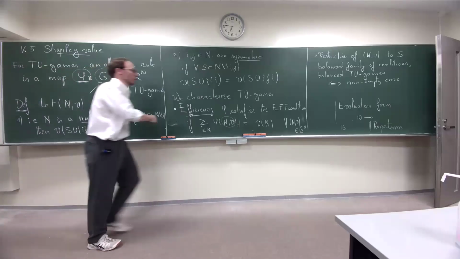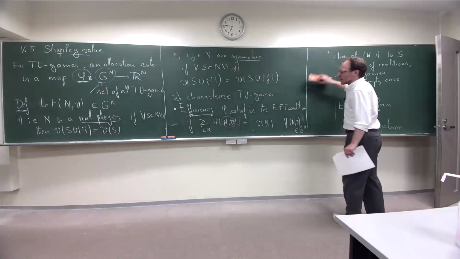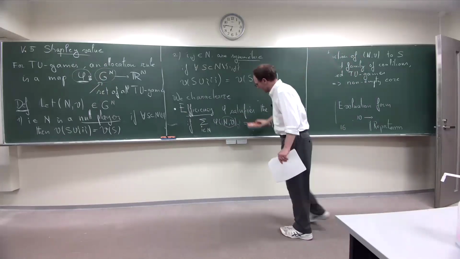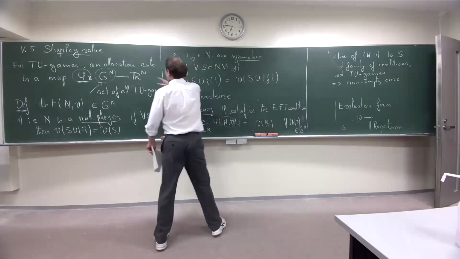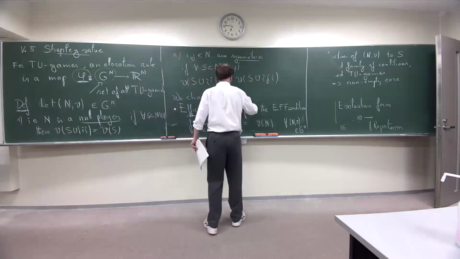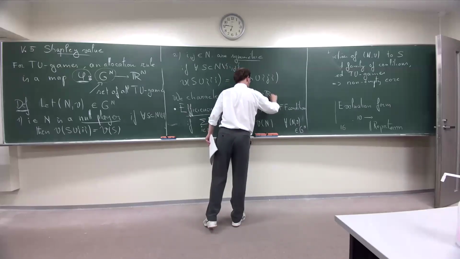So this is the first. In fact, it's not correct. We do not characterize TU games. I should say we characterize, sorry, it's a mistake, we characterize phi from Gn to Rn.